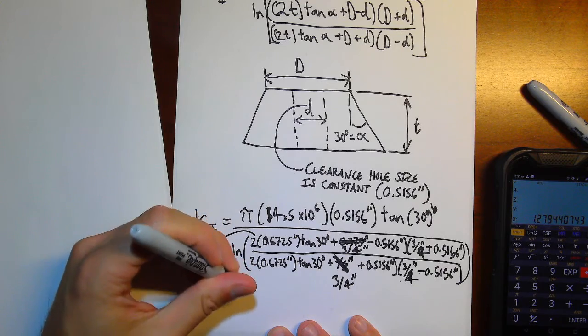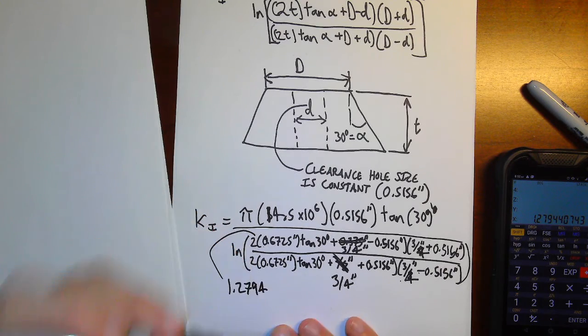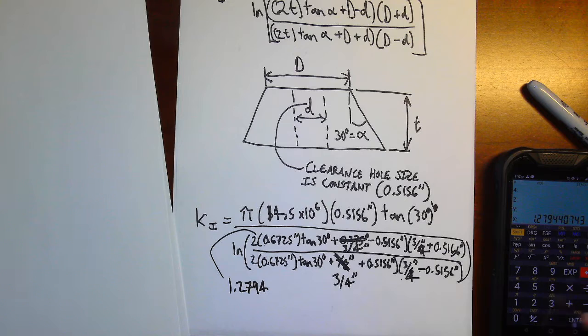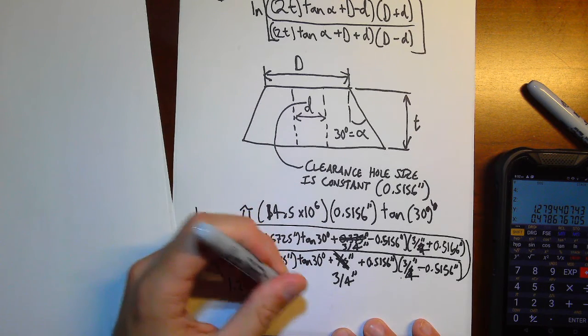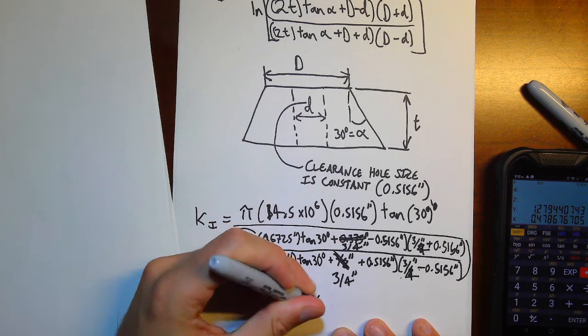Top of this is 1.2794. Now 0.6725 times the tangent of 30 times 0.75 plus 0.5156 plus 0.75 minus 0.5156, subtract those, multiply that, put in the denominator, 0.4787.